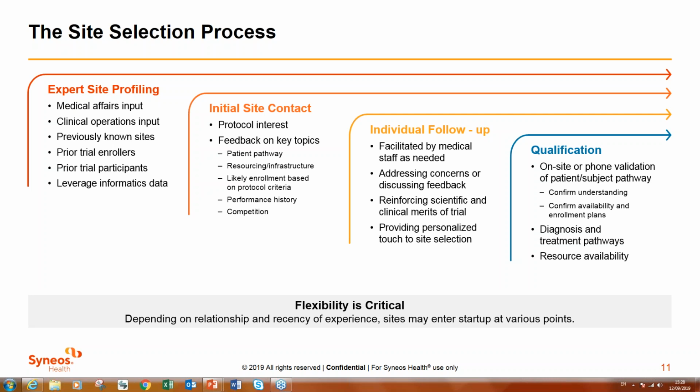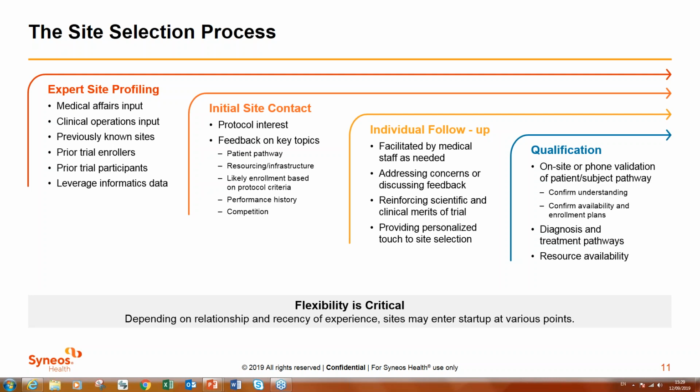Now, these four processes here don't actually have to all happen 1, 2, 3, 4, and they can happen in any sequence whatsoever. So flexibility in our site selection process is critical. So, for example, if we were working with a site that had done a previous study with a very similar study design, with a very similar patient population, then we probably wouldn't need to do all the expert site profiling.